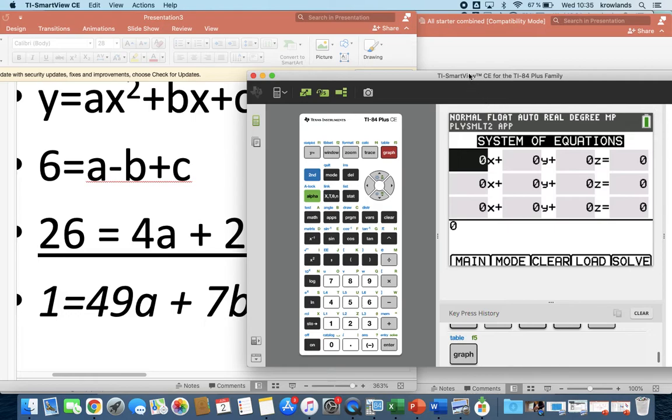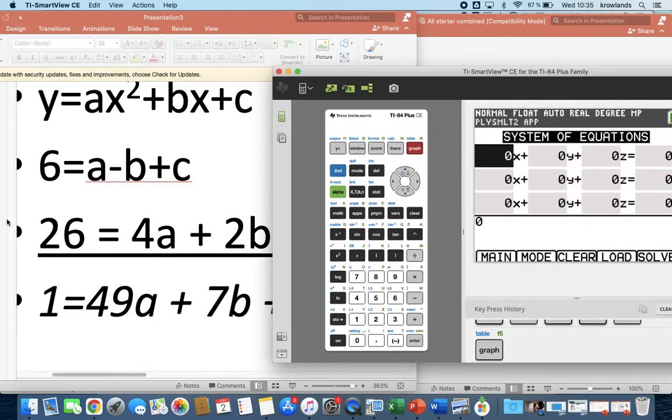Now we need to type in these equations. It says x, y, and z, but that's just going to be our a, b, and c. So for the first one, we've got 1a, a negative b, and then a positive c. You can see there was an error because I need to put the small negative.